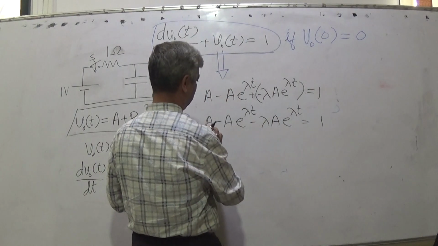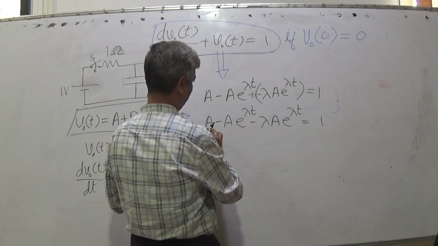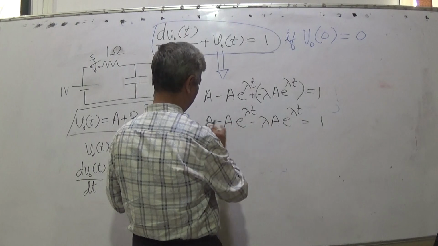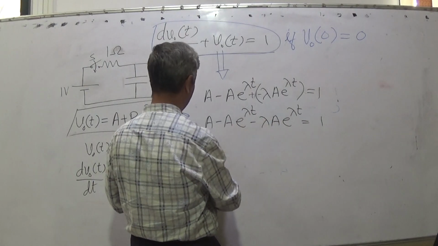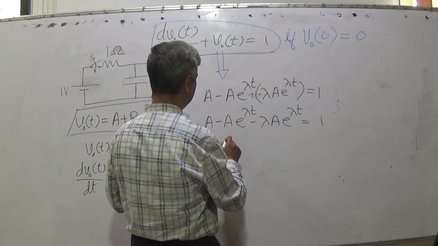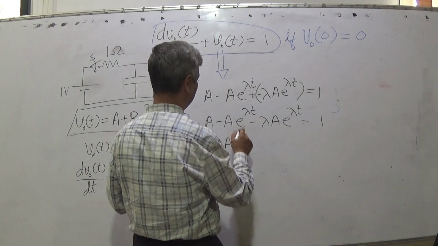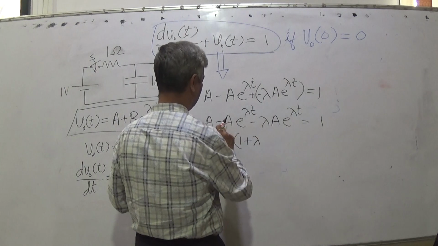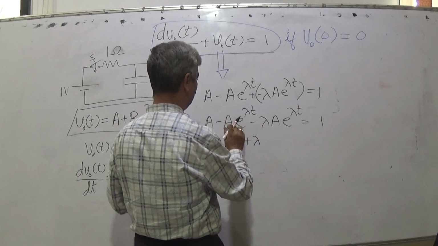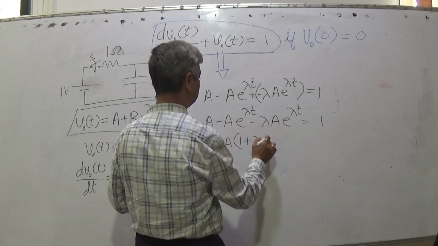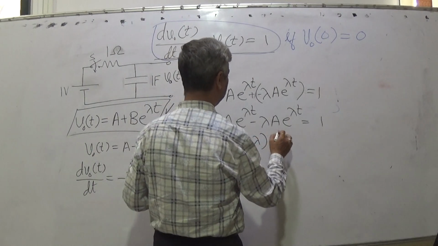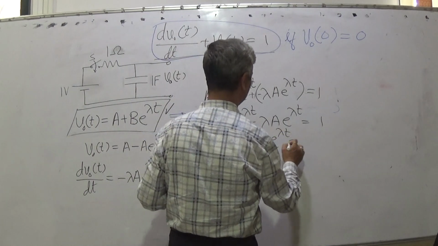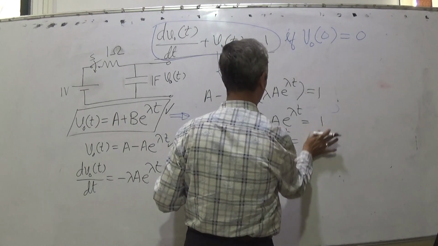So this, now when it would be having a simple solution, A minus A into bracket 1 plus lambda e raised to lambda t is equal to 1.